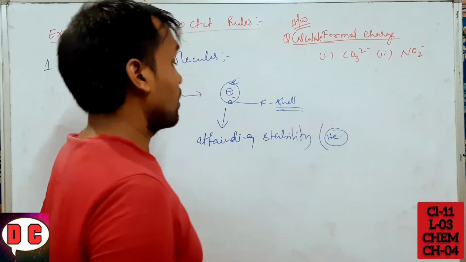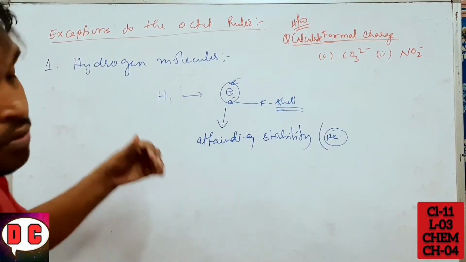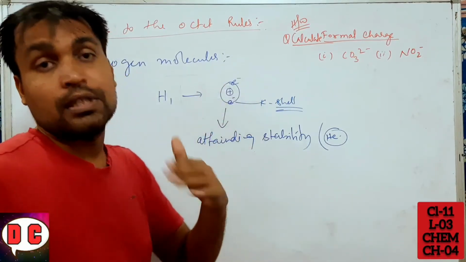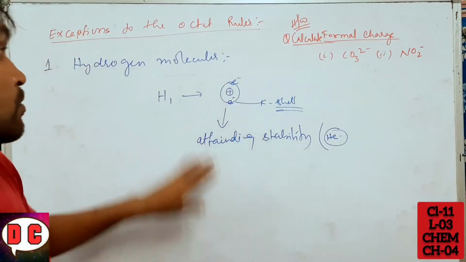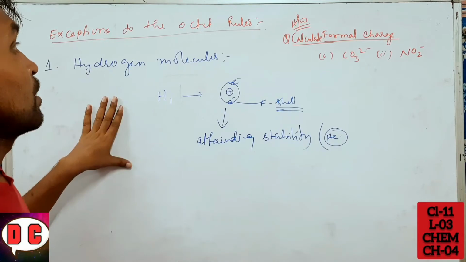Okay, got it or not? So in this case, the exception was made that for hydrogen molecules, no problem. In order to attain stability, it does not need to have 8 electrons. With 2 electrons also, stability can be attained. So this was the first exception in the octet rule.